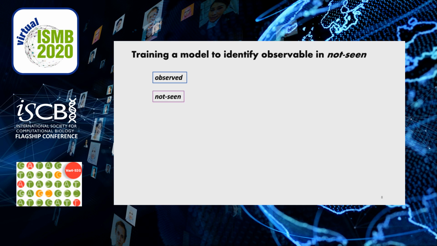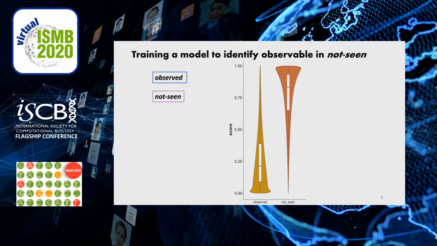The purpose of this is to identify the observable in the not seen. So this is the result. From the not seen, we can say that in the future we may observe maybe 10% of this not seen group, which is about 4 or 5 million.